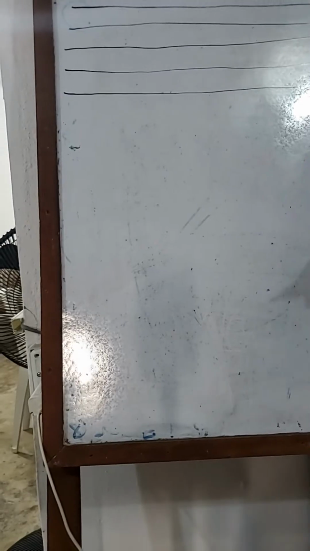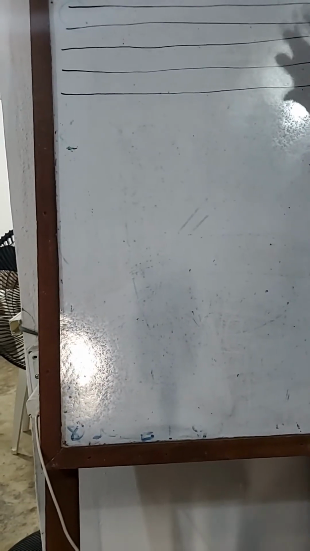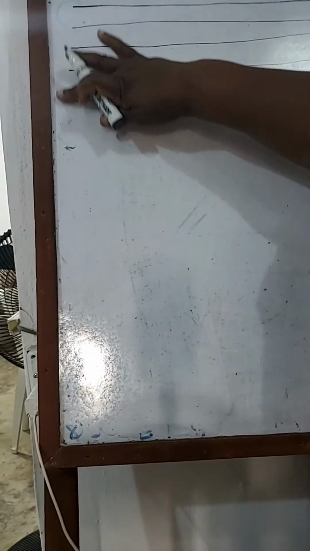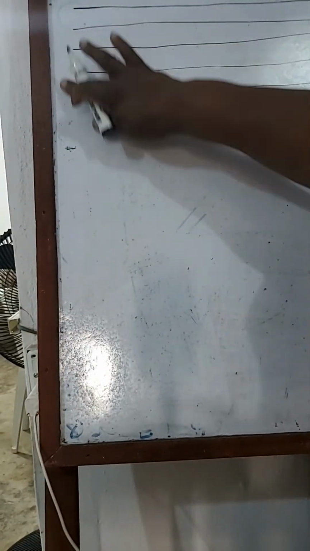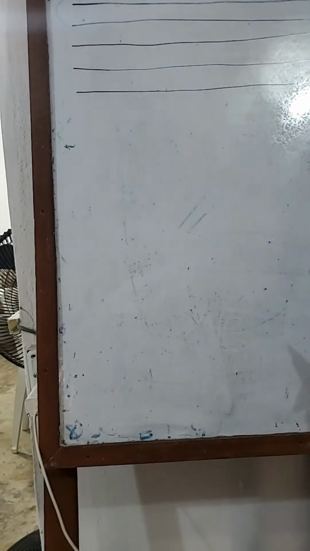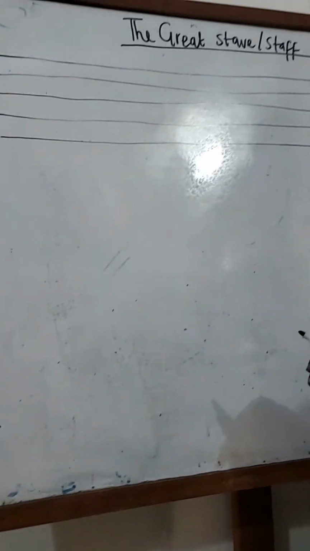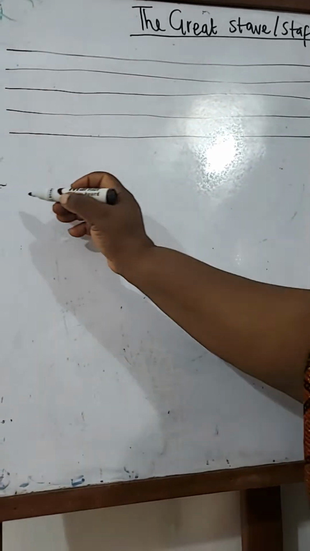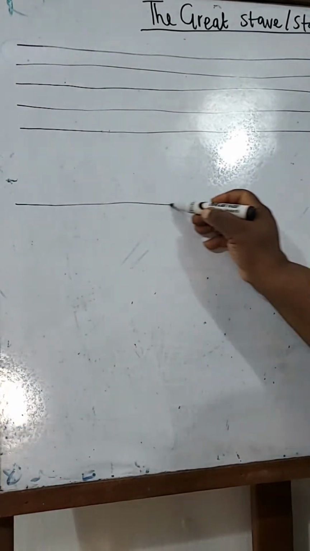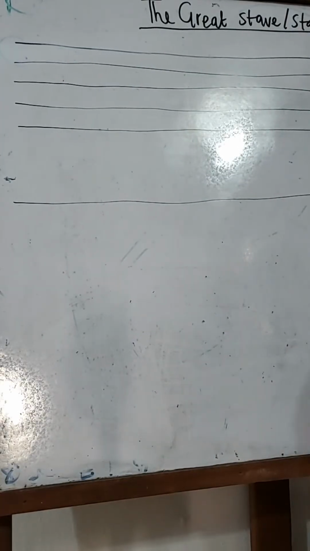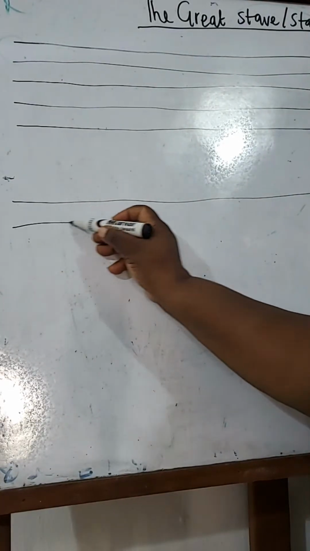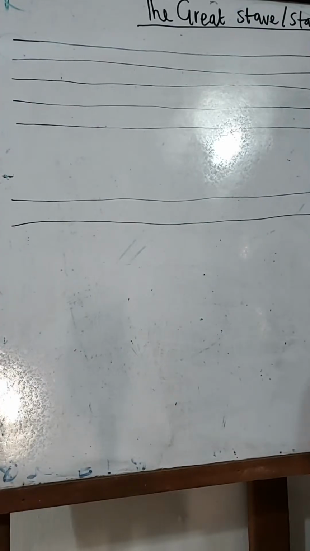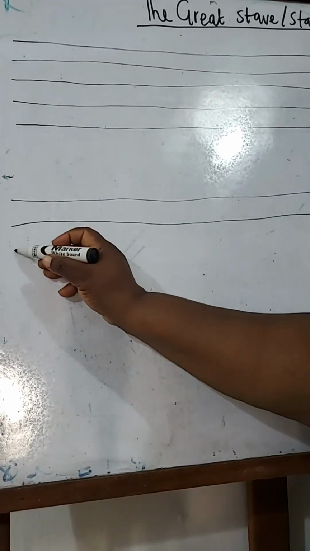So now we're talking about the great stave. It's the combination of both treble and bass staves or staffs. It consists of 11 lines and 10 spaces.